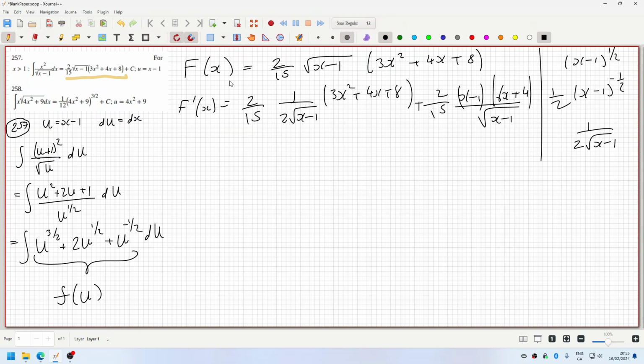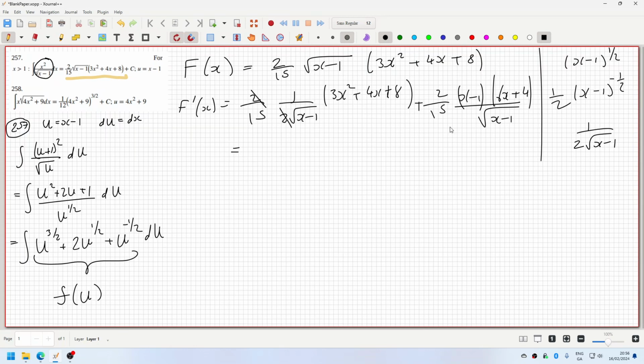Actually, I don't want to take the 2 over 15 out. I should simplify as much as I can, because I'm trying to end up with this. So cancel the 2's, fine. The 15 is good.